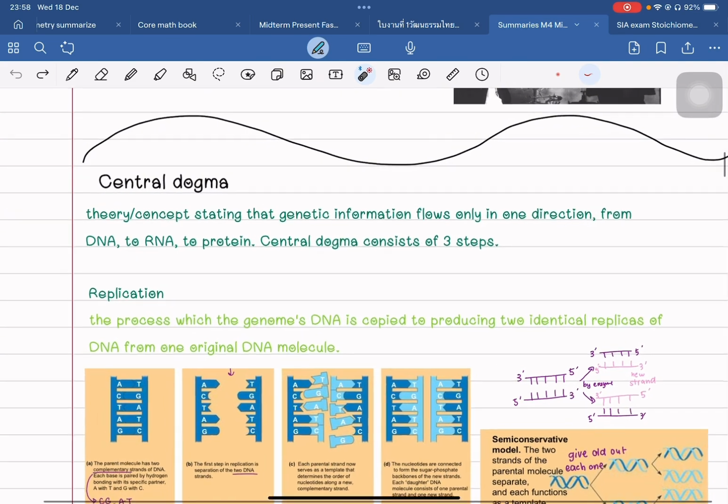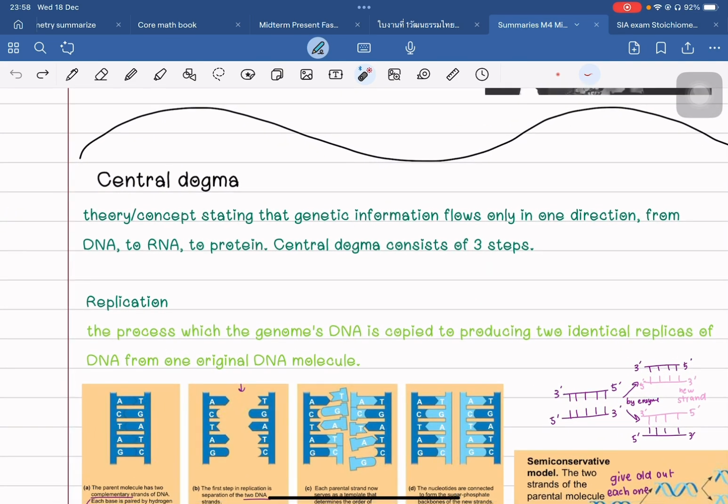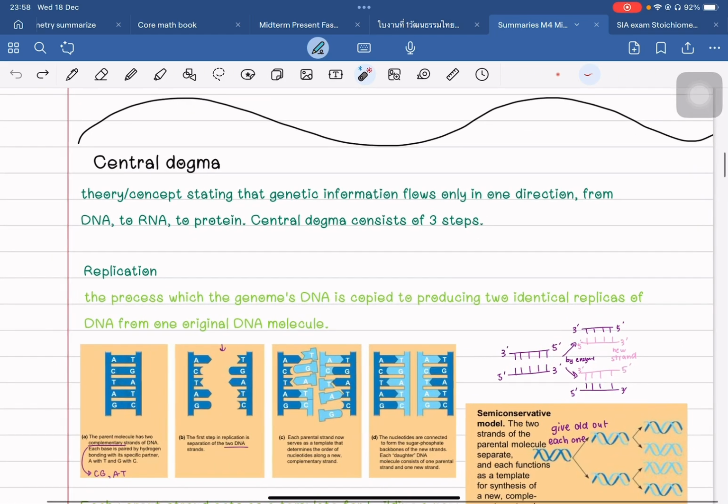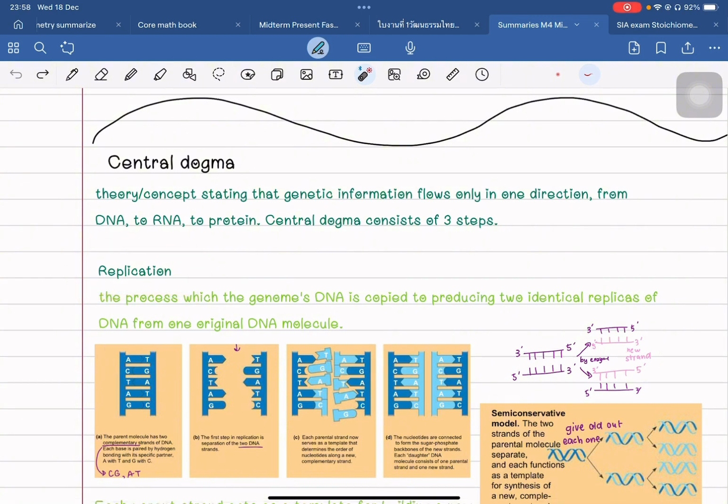It is the concept that states that genetic information flows only in one direction, from DNA to RNA to proteins. The central dogma consists of 3 steps. First is replication.